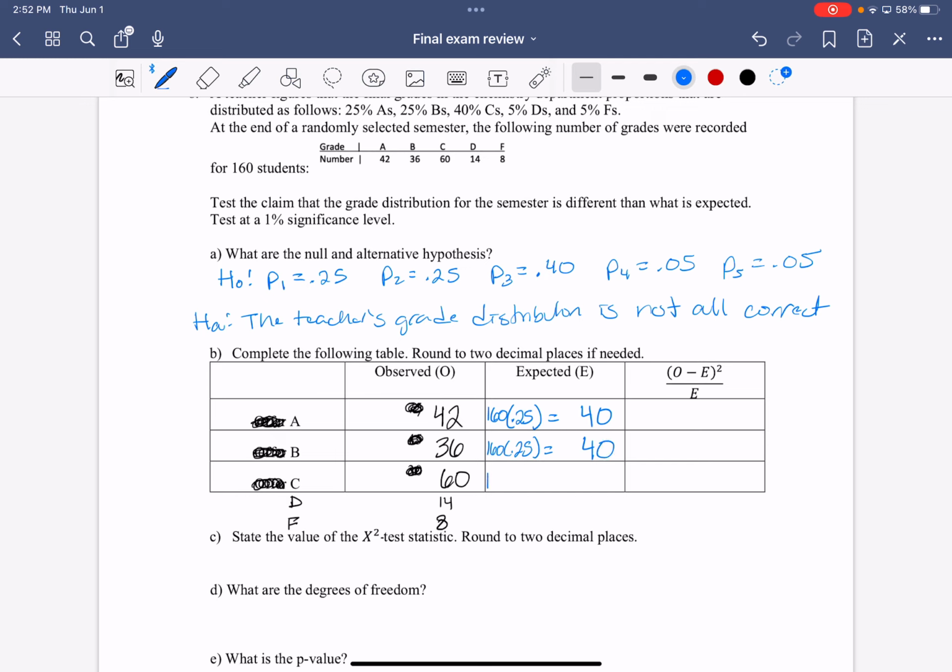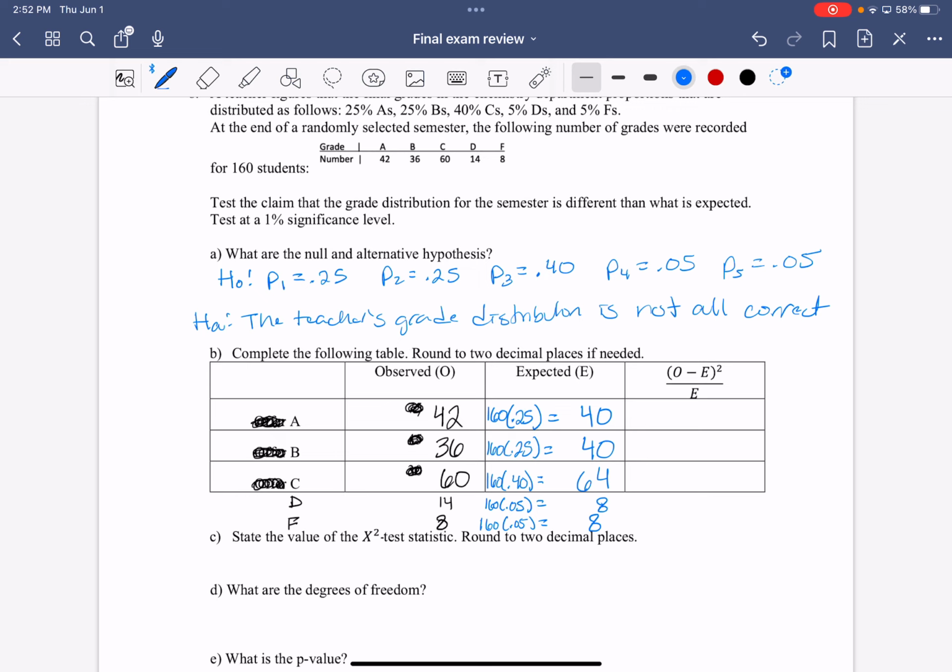For C's, 160 times 0.40, which is 64. For D's, 160 times 0.05, it was only 5%, that will be 8. F's were also 160 times 0.05, so you get 8 again.